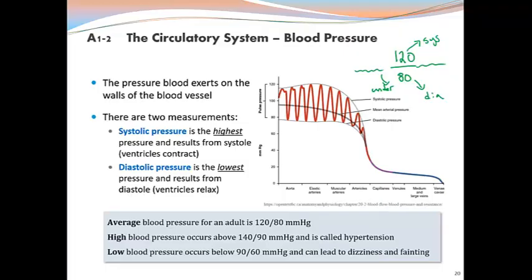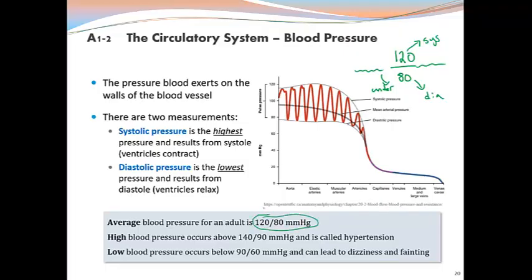Another way though, for our mathematical type, is the larger number is on the top. If you just are studying, you know the systolic pressure is the highest pressure, the diastolic is the lowest. So the lower number is on the bottom and the higher number is on the top. And as long as you know that systolic happens when the ventricles contract and diastolic happens when the ventricles relax, I'm sure you'll figure it out nonetheless. Now, average blood pressure is 120/80.